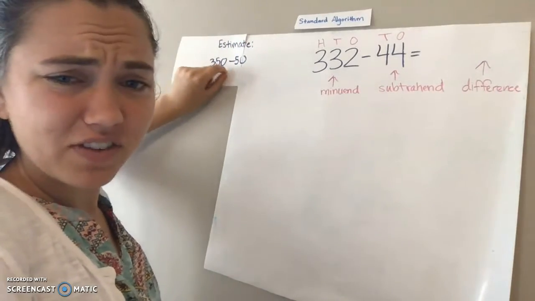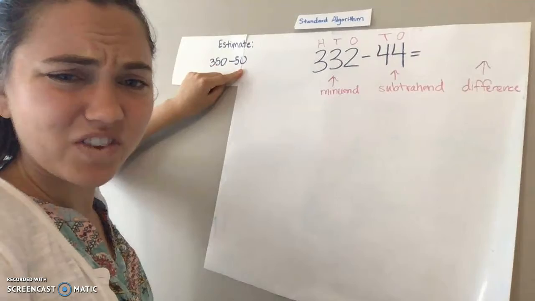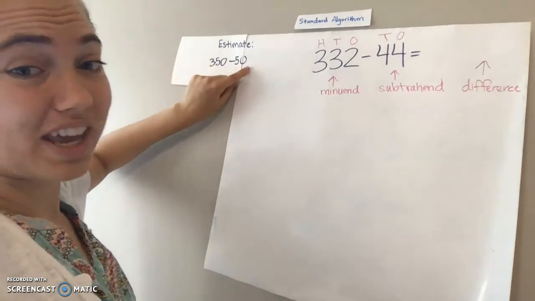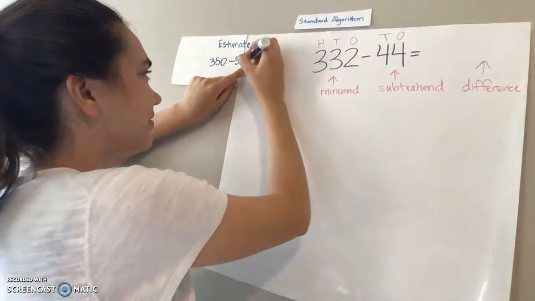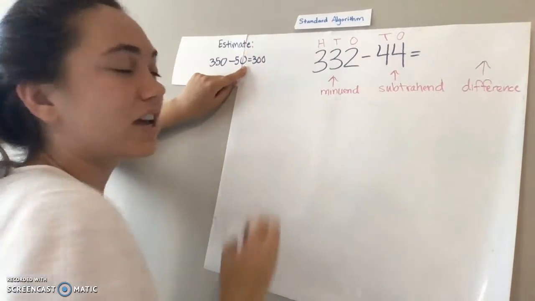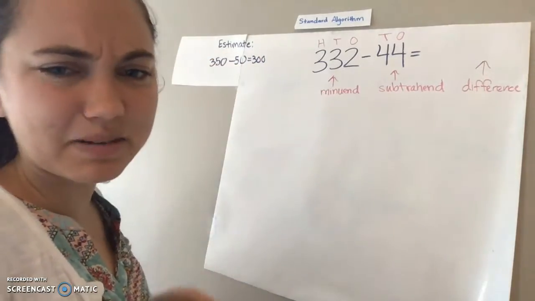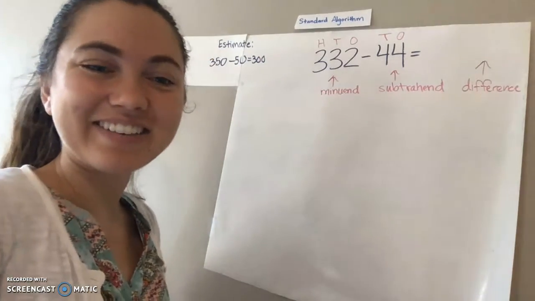So 350 minus 50 is 300. So I'm guessing my answer will be around 300. That's my estimate. Let's solve it now.